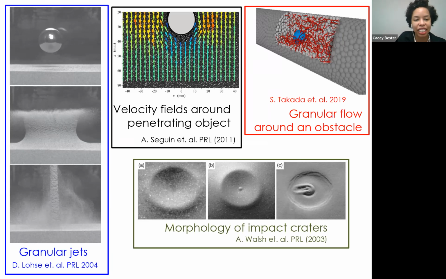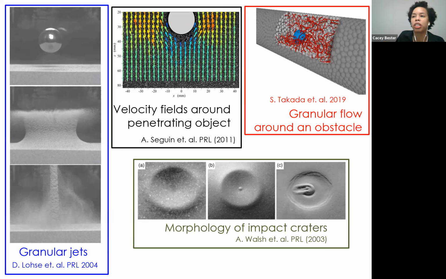Well, I like the discussion about the impact craters, because that really nicely ties in with what I want to point out about the interesting features that have been explored in connection to granular impact. So not only looking at the morphology of impact craters, but also the role of the packing density of your granular target. For loosely packed granular media, you can even see the formation of jets.